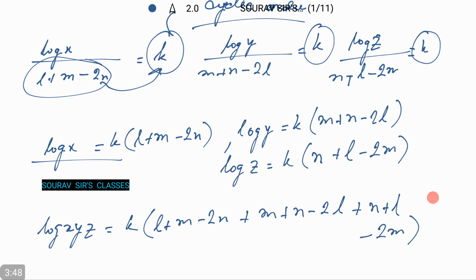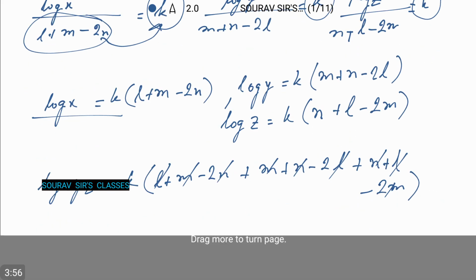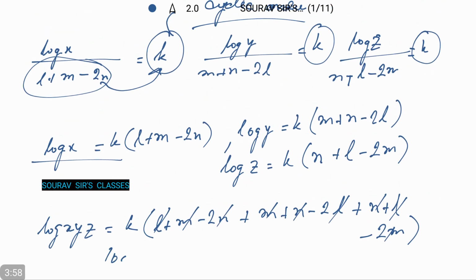Now if you have a sharp eye, you will note that every term cancels each other out, and we are left with log xyz equals k into 0.